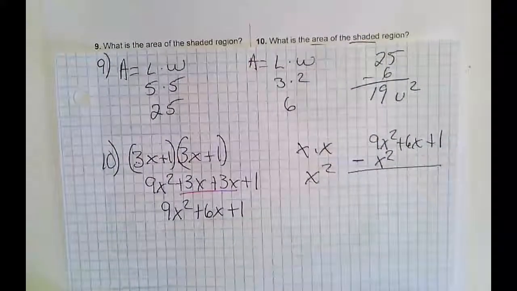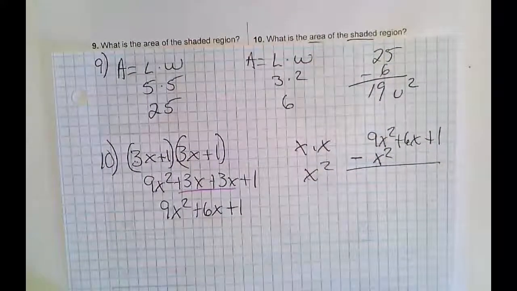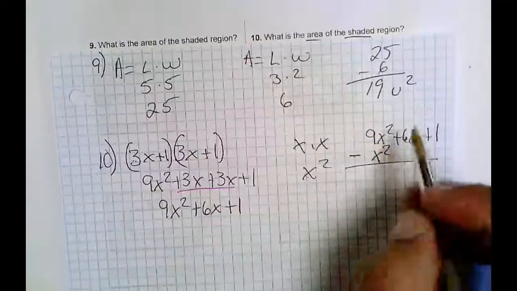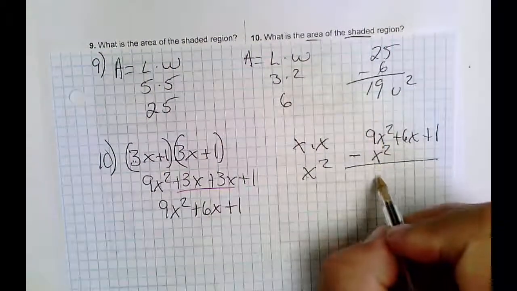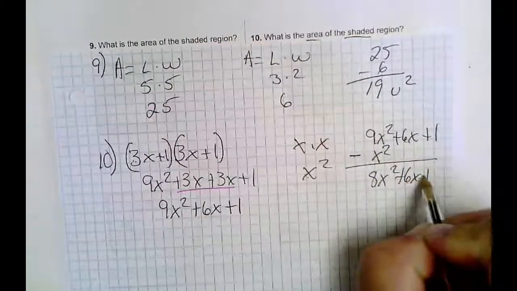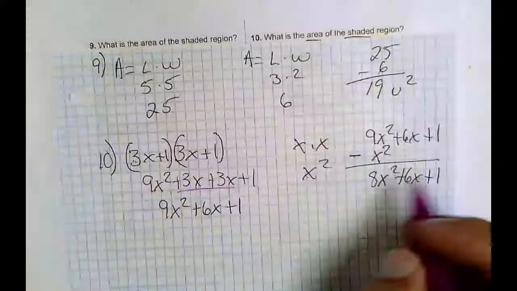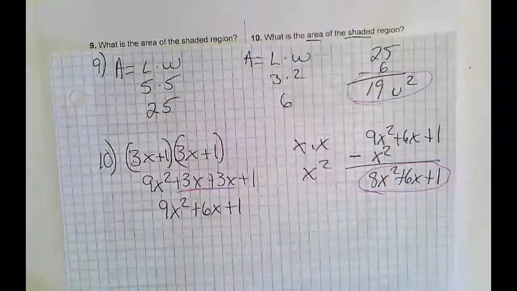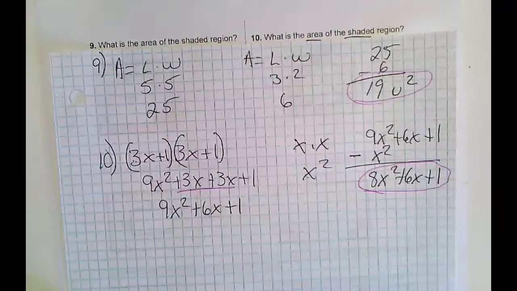That's all I'm subtracting. All I'm subtracting is an x squared. So, I take away what I can. 9x squared minus x squared gives me 8x squared plus 6x plus 1. And that now is my area for 10. Pretty simple, huh? Okay?